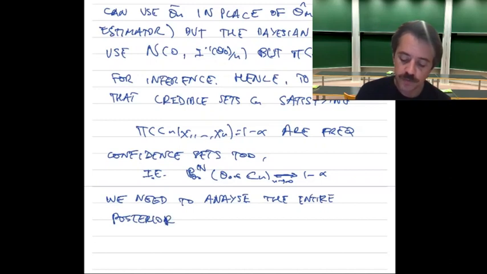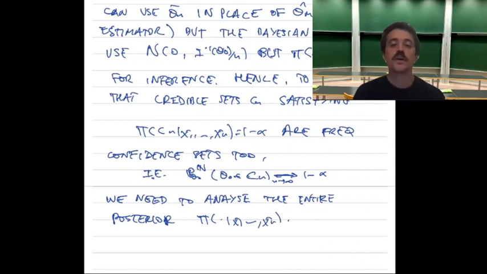Remember that before, in the asymptotic normality of the MLE, what we were looking at is simply the distribution of an estimator. But now we have much more than that, because we have to analyze, rather than a point that is random, a distribution that is random. So there is, of course, an additional complexity in that. So the posterior.